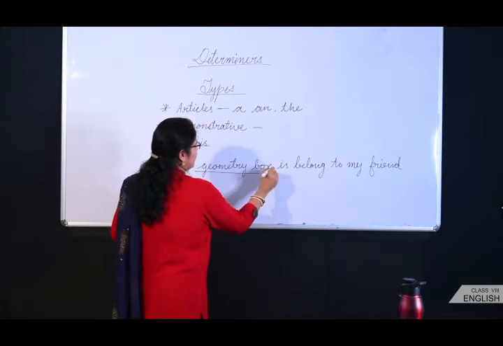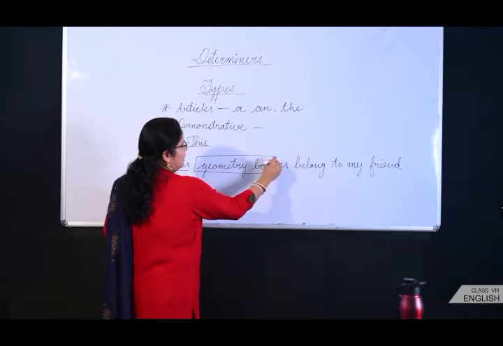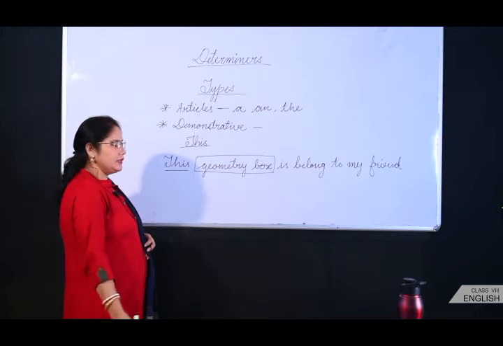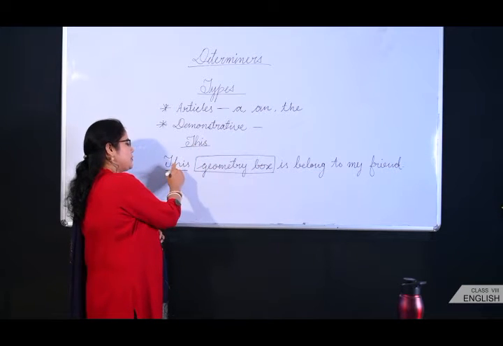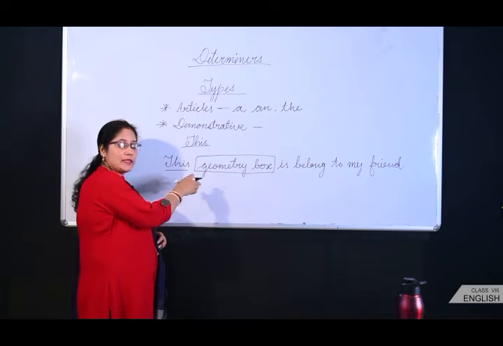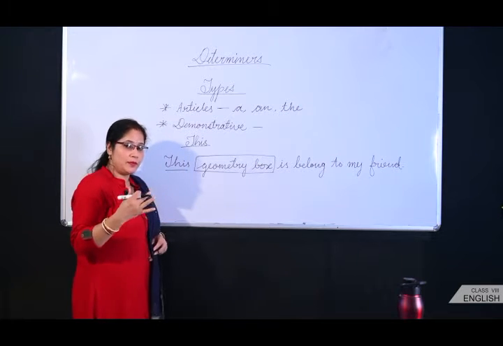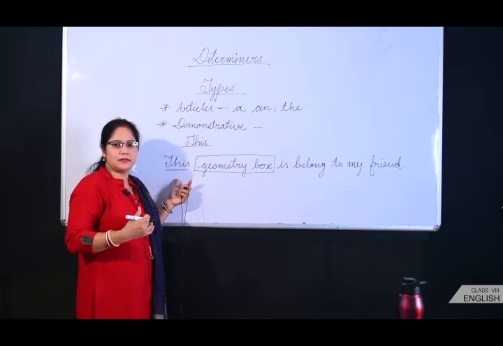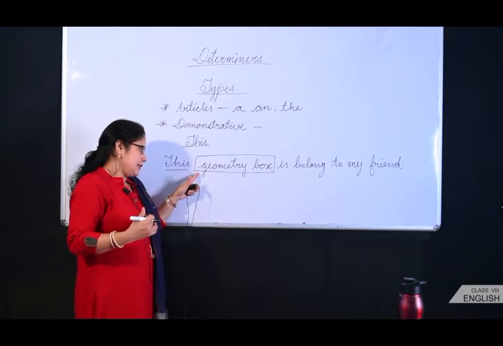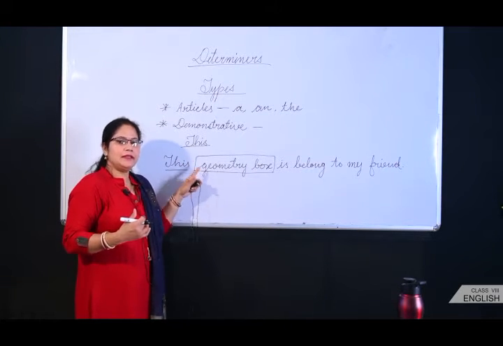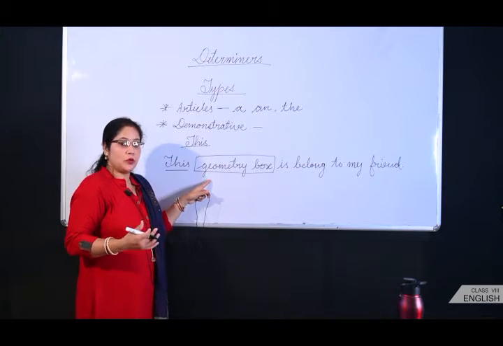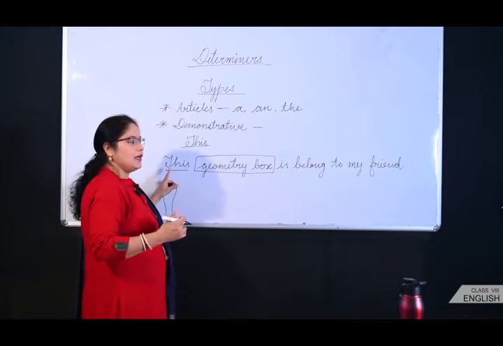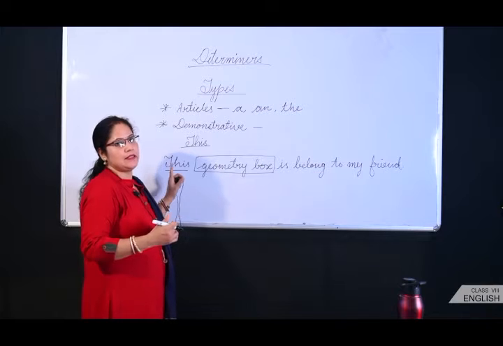Here geometry box is a noun and it is singular, and as it is nearby me, I am using this. Clear? This singular thing is close by me. That's why I am using this geometry box.